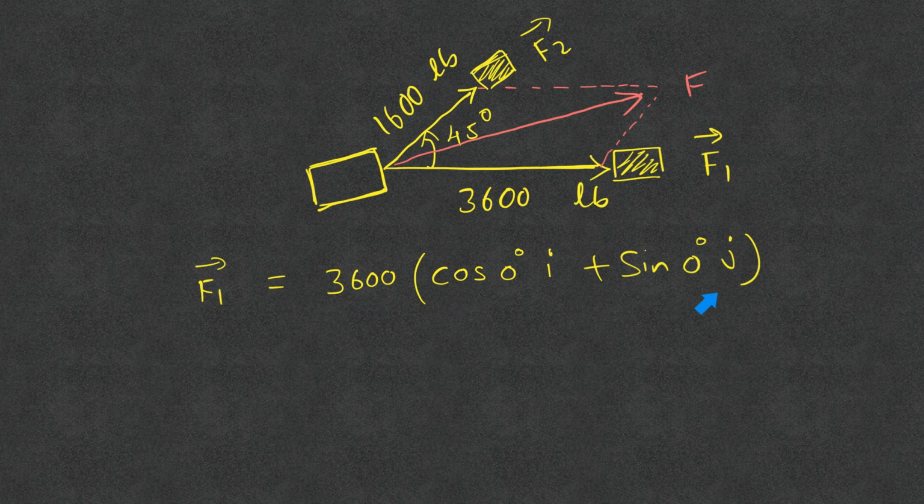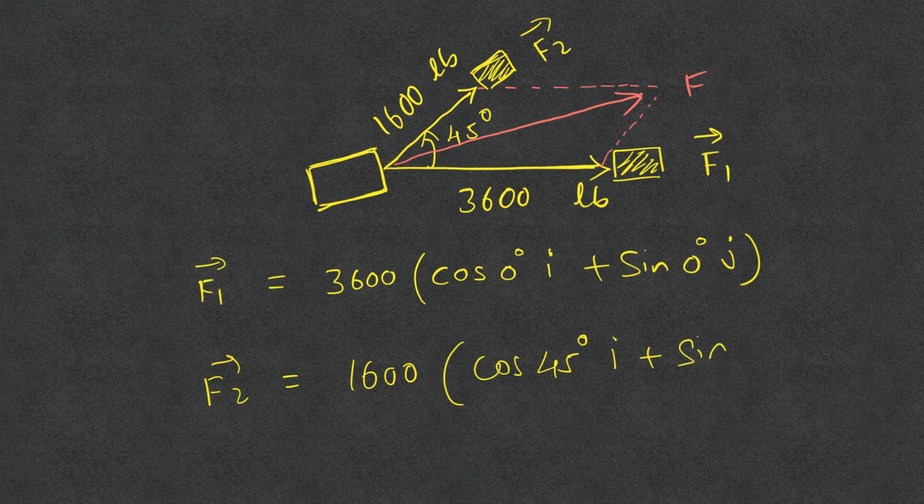Similarly, we can write the force vector F2 in terms of the magnitude and sines and cosines. F2 is equal to 1,600, the magnitude, times cosine 45 degrees i plus sine 45 degrees j.